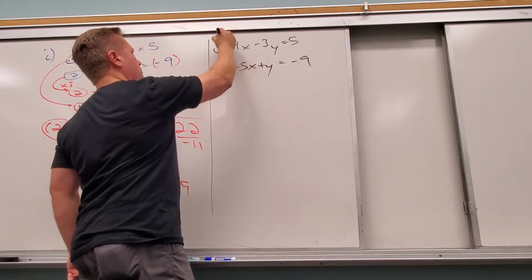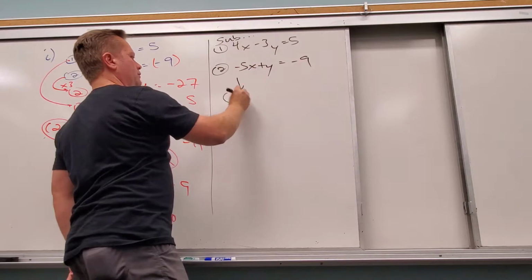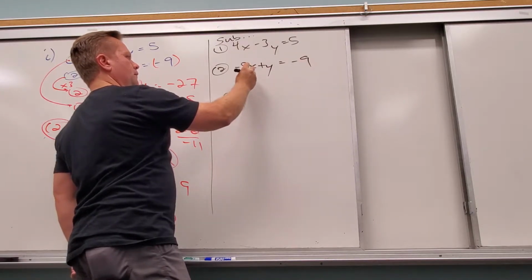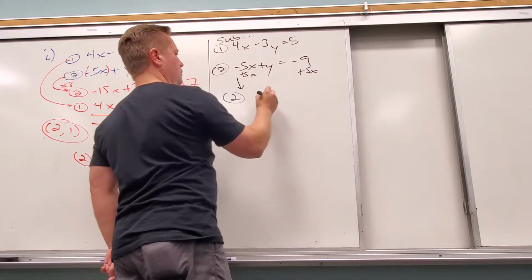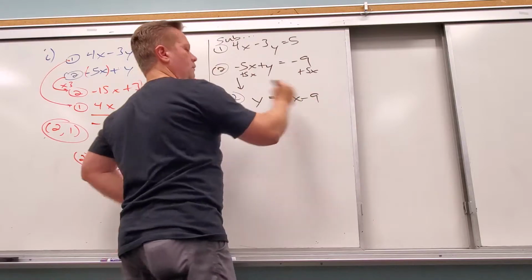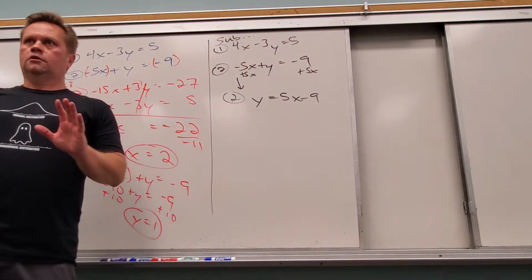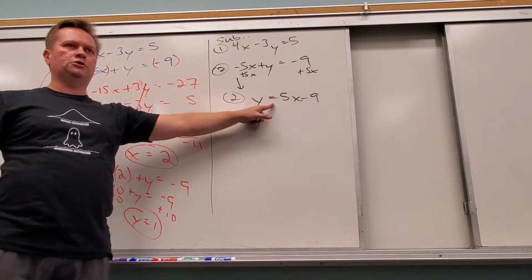So if I want to use substitution, I could take number 2 and solve for y. How do I solve for y? Yeah, add the 5x. So you get y equals 5x minus 9. Is that cool? So now I know that's true for this system that they gave me. That is a true statement.